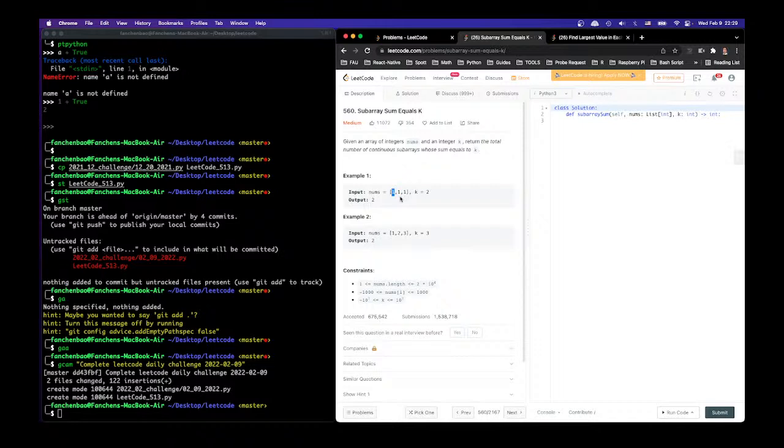Hold on. What if we do prefix sum on this? 1, 2, 3, that's the first one. So in order to find k, we need a certain range, right?